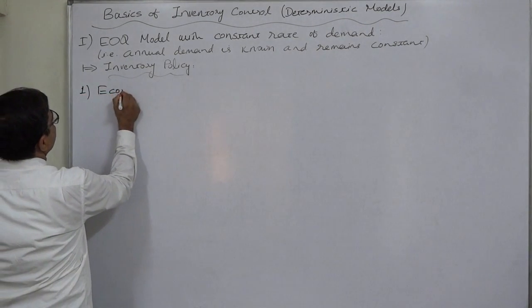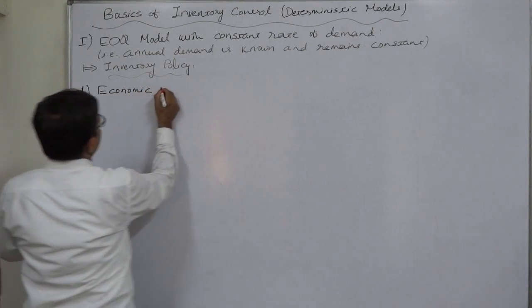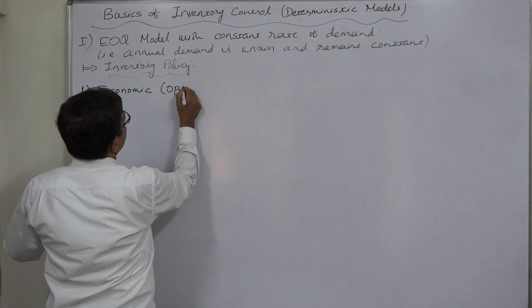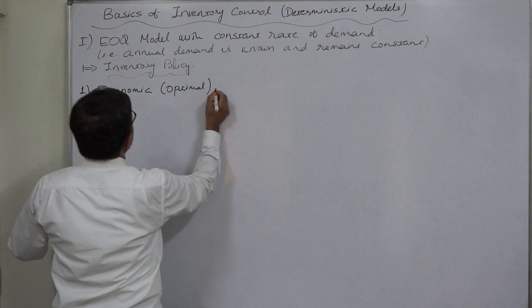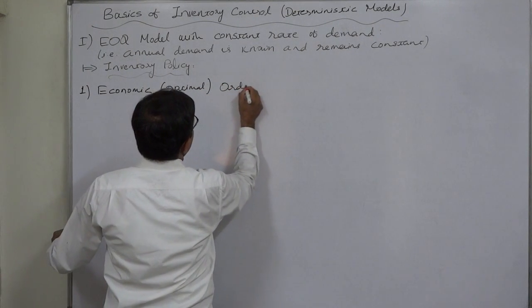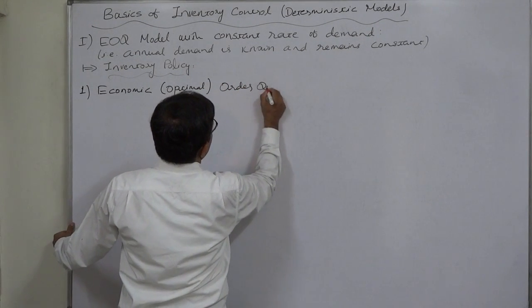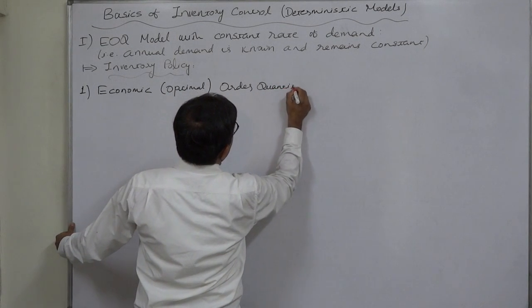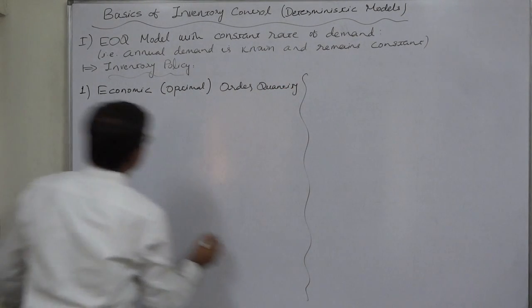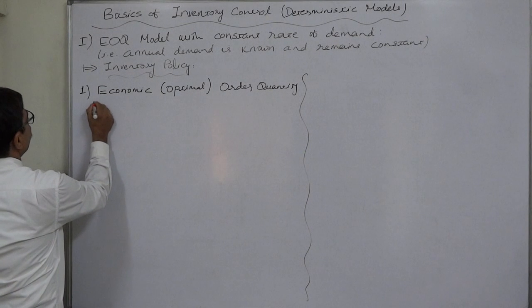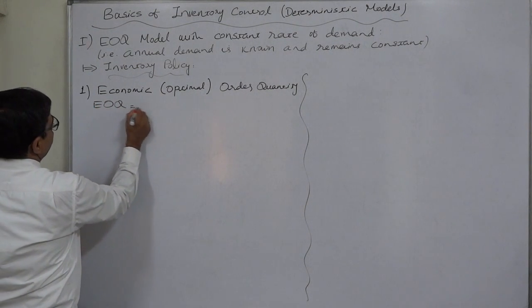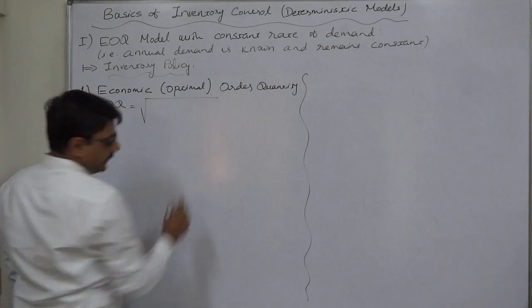economic or optimal order quantity. Popularly known as EOQ. And what is EOQ?